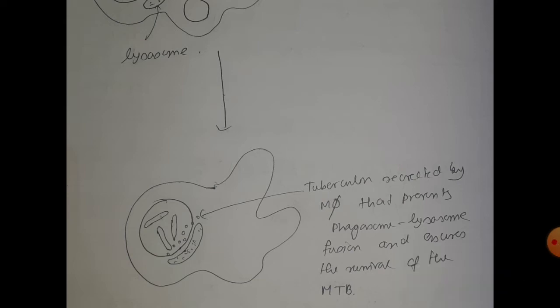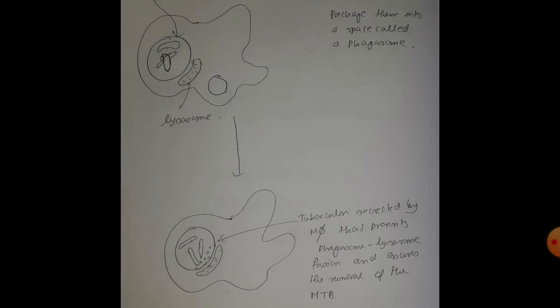Now the alveolar macrophage recognizes it, phagocytoses it and packages it inside a space called the phagosome. Inside the phagosome, Mycobacterium tuberculosis starts secreting a special protein called tuberculin. This tuberculin inhibits phagosome-lysosome fusion. As a result, inside the macrophage Mycobacterium tuberculosis survives well, proliferates and creates a localized infection.